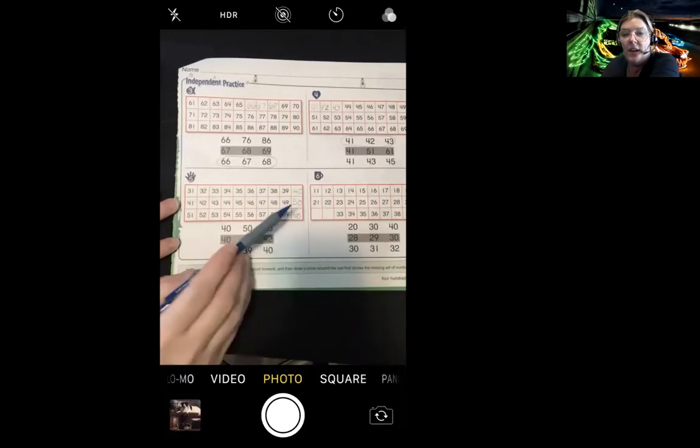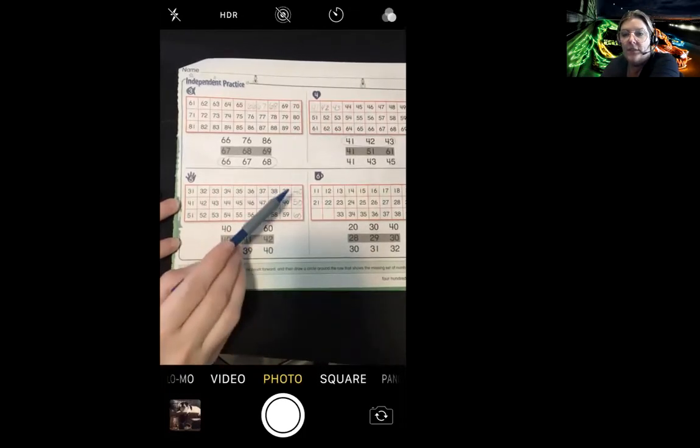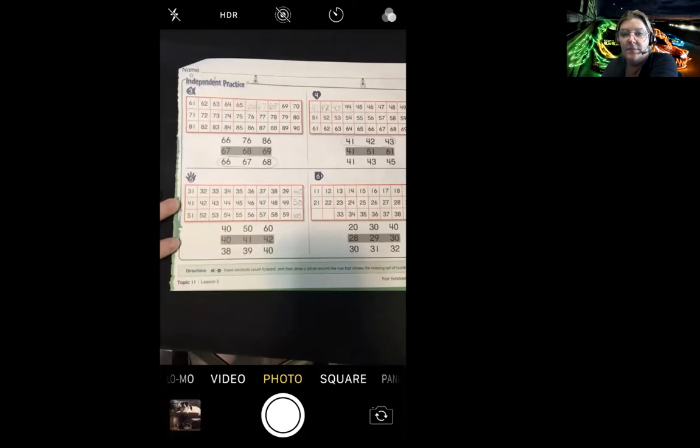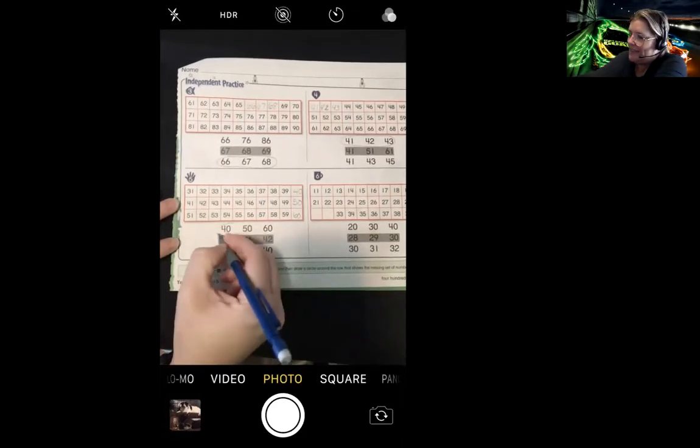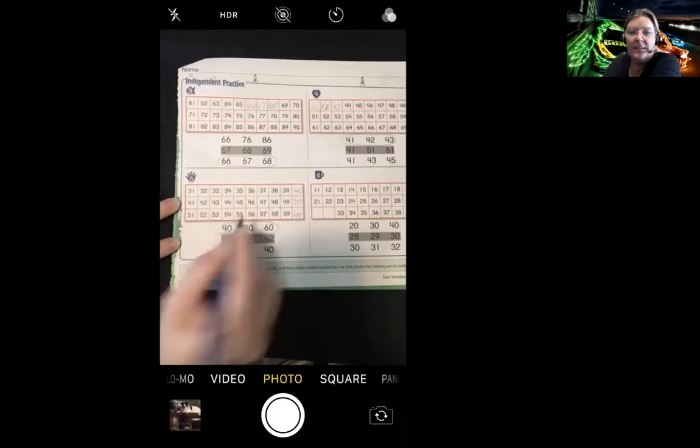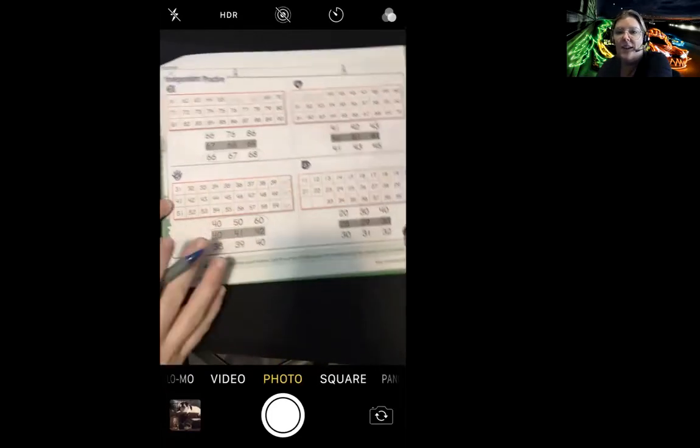So which one of these rows is 40, 50, 60? The top row again, you're right. Nice work.